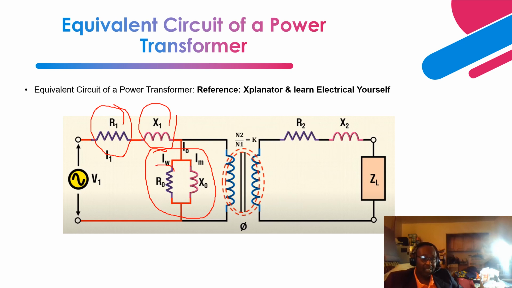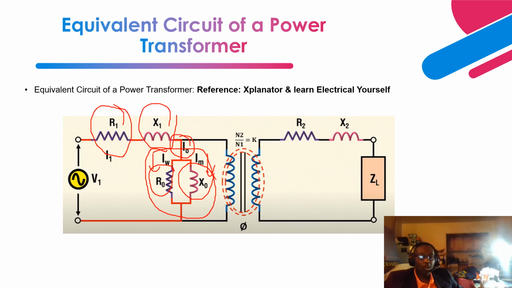This is the resistive branch, and this one is the reactive branch. So we have a resistive current flowing through here, and the magnetization current flowing here. The total combination of the resistive current and the reactive current comprises the no-load current flowing through the core of the power transformer, also known as the magnetization branch.